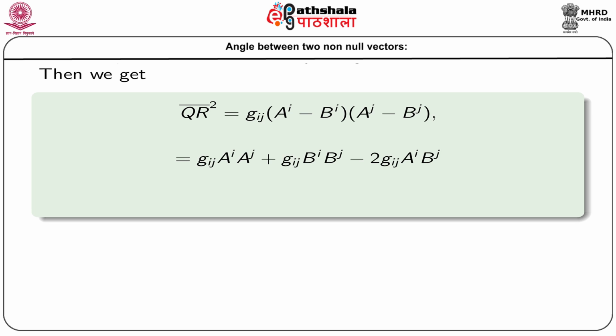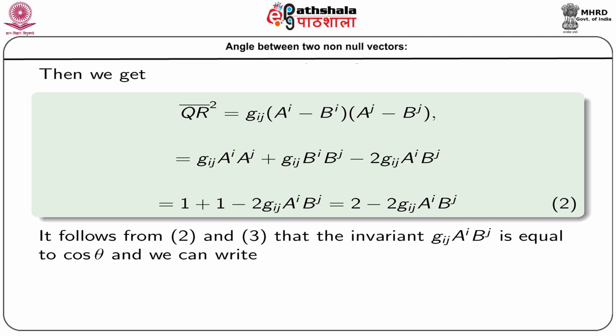Now, as a^i and b^j are the components of unit contravariant vectors, the values of g_ij a^i a^j and g_ij b^i b^j are equal to 1. So, this gives 1 + 1 − 2 g_ij a^i b^j, that is equal to 2 − 2 g_ij a^i b^j.